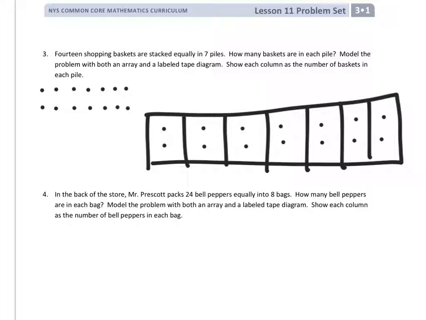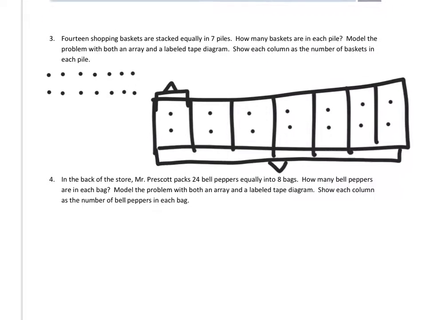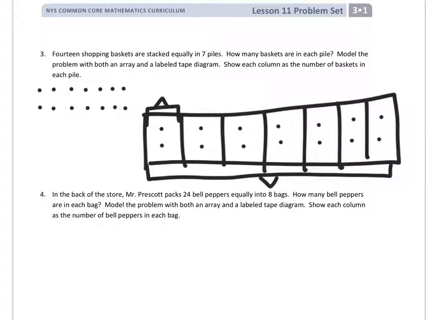What's my last step? Labeling. So, I'm going to draw my labels. I was going to try to move it, but... Alright, and let's label. This first section right here has 2 different meanings, remember?